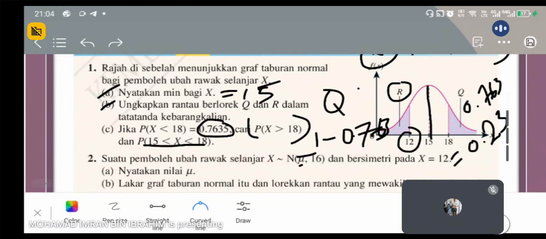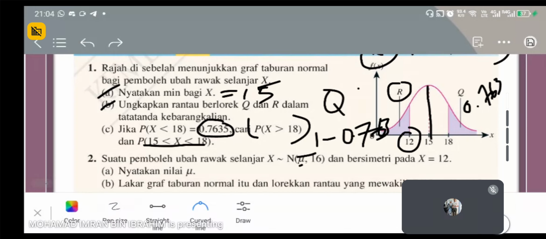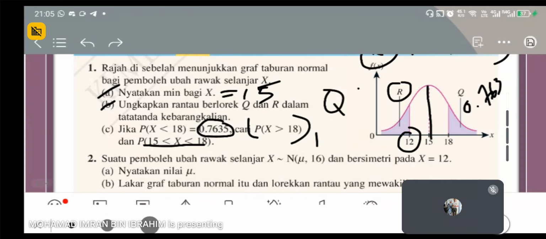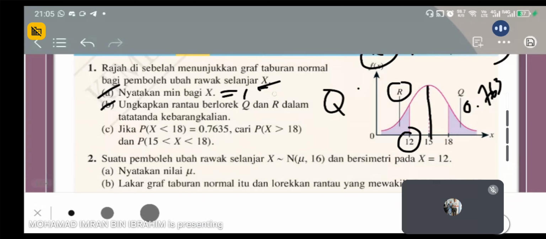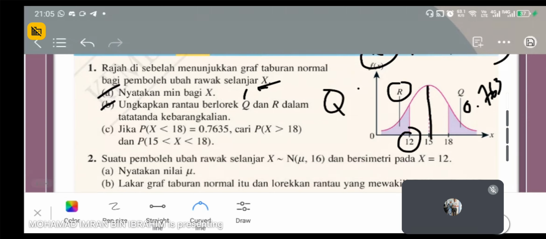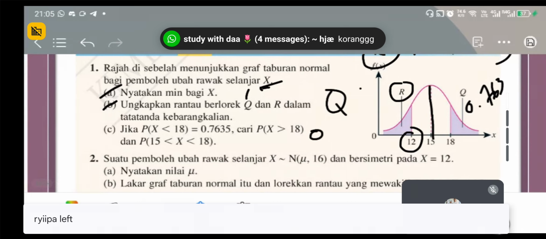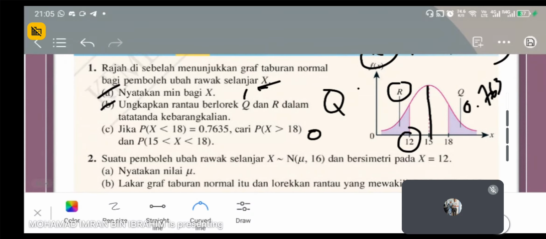I already have the value, so we just need to get this value. Right now, you get the answer for the first one, which is 0.2365.